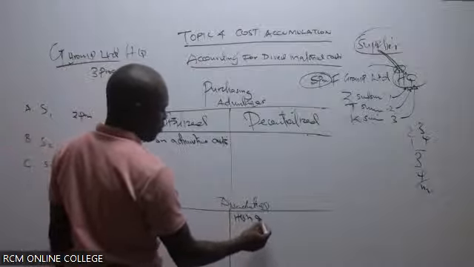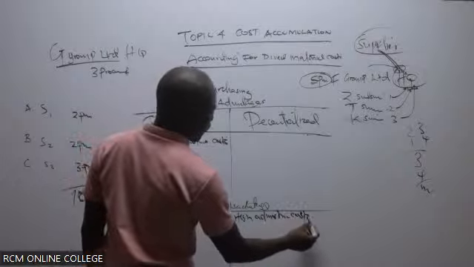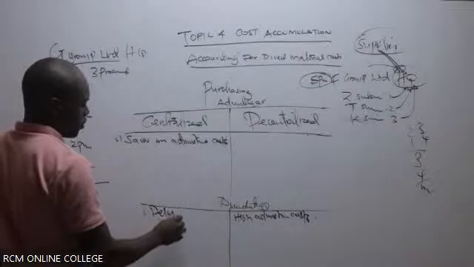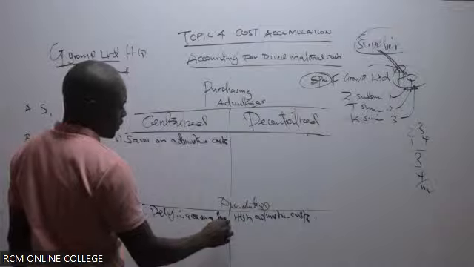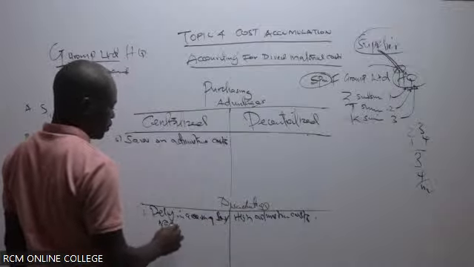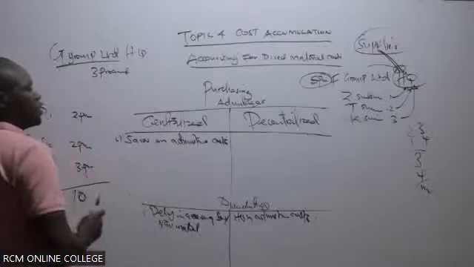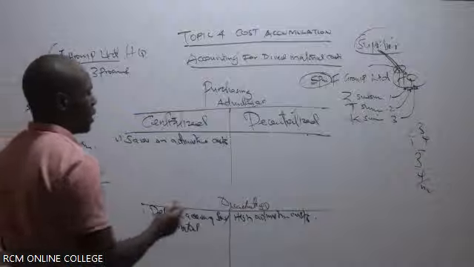High administrative costs. Delay in accessing services stroke raw materials. That is the disadvantage of centralized. How about here?